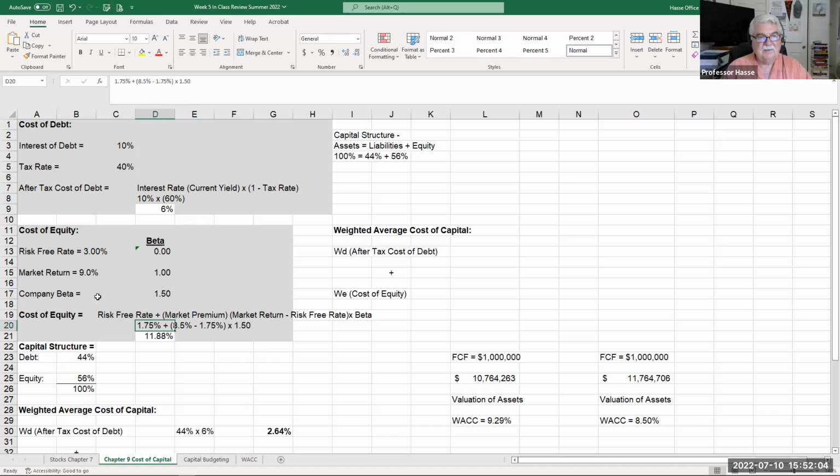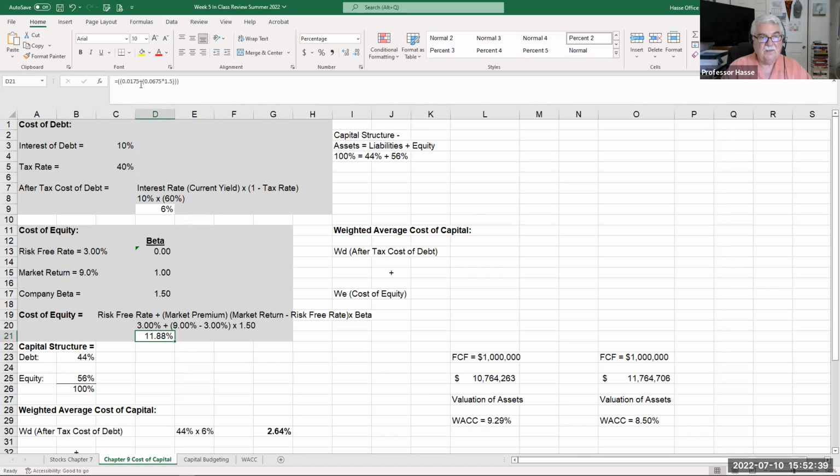So putting that into this equation, let's update the numbers. Our risk-free rate is 3.00. Our market premium thus is the market return rate of 9 minus the risk-free rate of 3. That will equal the market premium. And the company's beta is 1.5. So 3% plus 6% times 1.5.